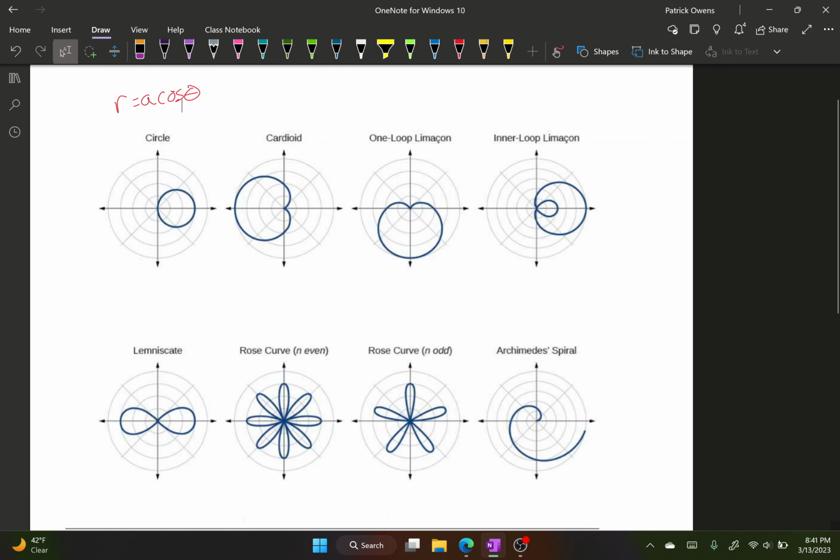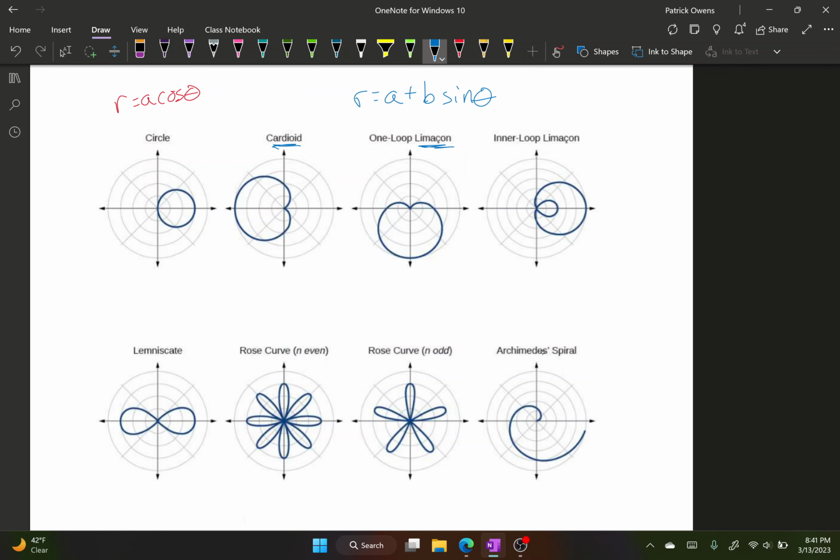Next up, let's talk about this family of polar functions. We've got cardioids and then limaçons. All of these are going to have the equation in the form of a plus b sine theta or cosine theta.